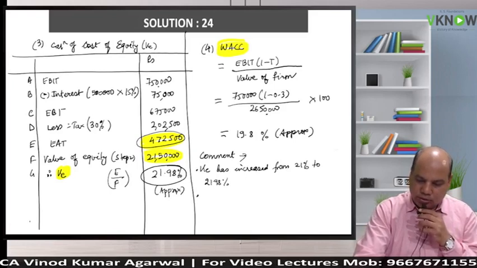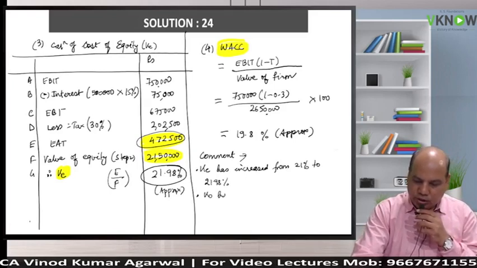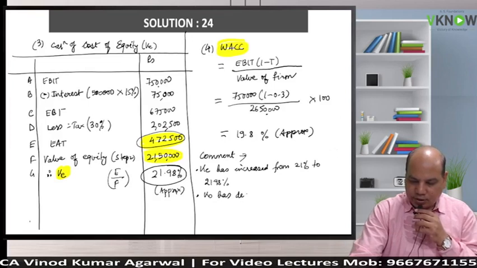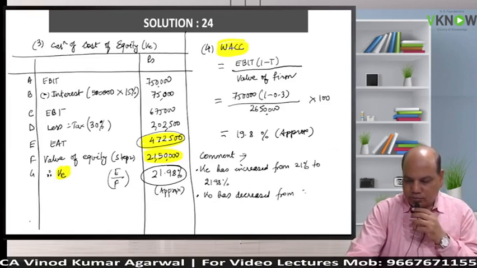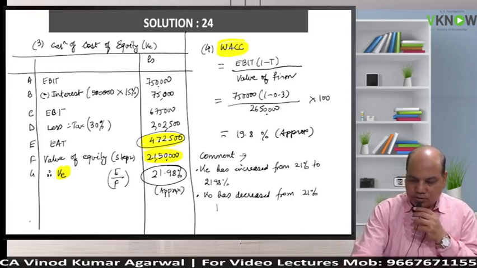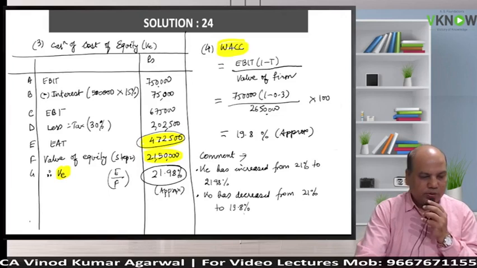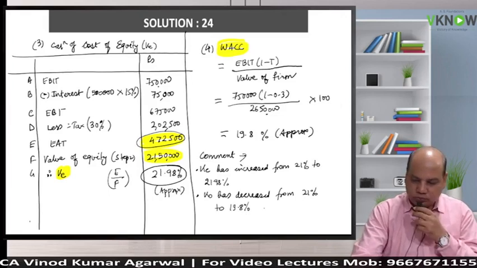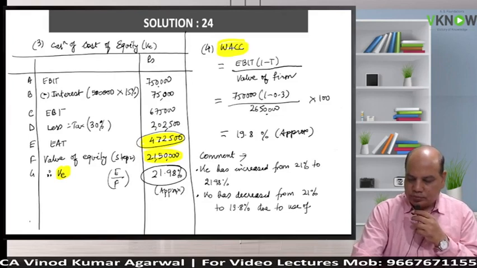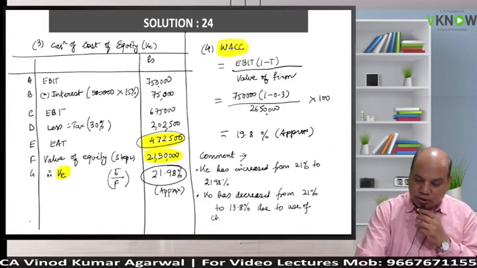And second comment, write down: KO has decreased from 21% to 19.8% due to use of cheaper debt.